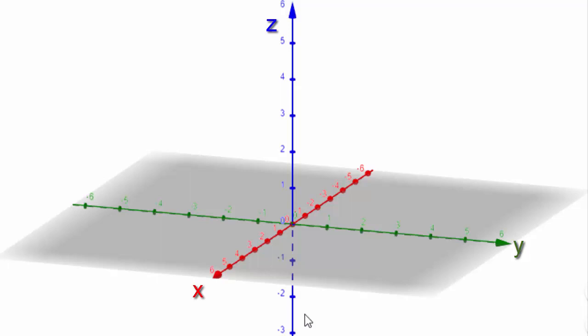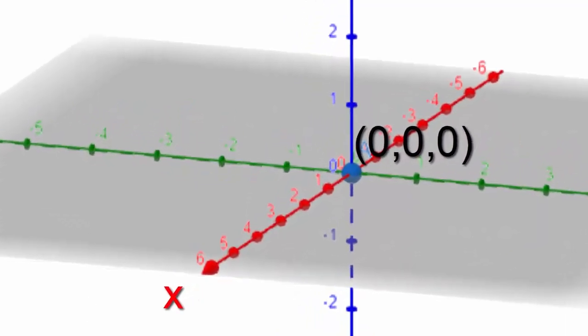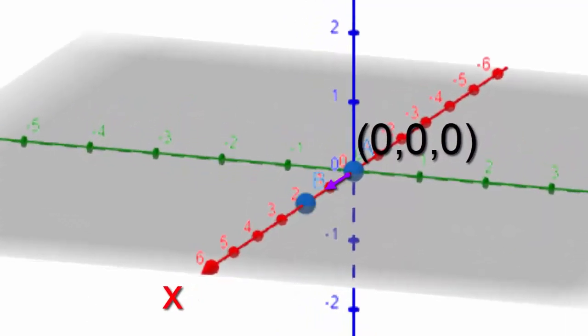We need to represent these coordinates, so we'll use triplets. We'll start with 0, 0, 0, which will be our anchor. The first coordinate is my x value, the second is my y value, and the third is my z coordinate. For example, 2, 0, 0 would be the coordinate where you just moved 2 forward in the x direction.